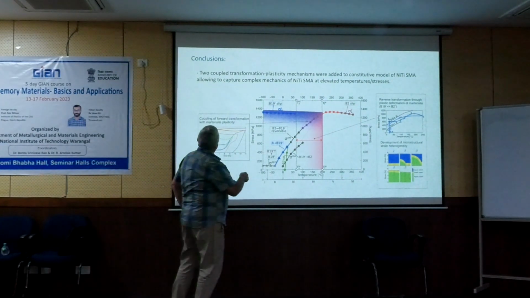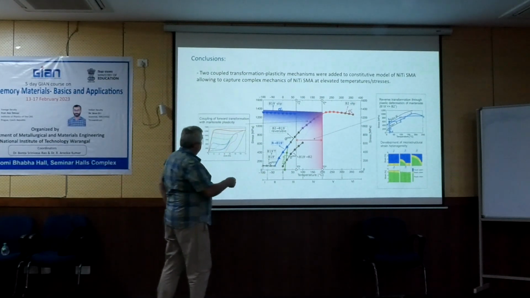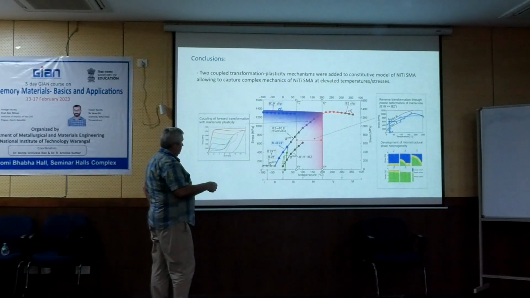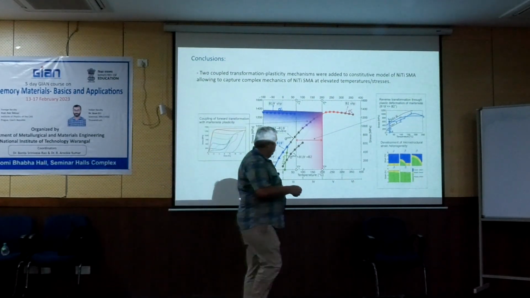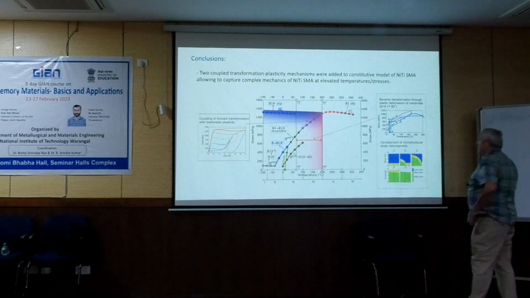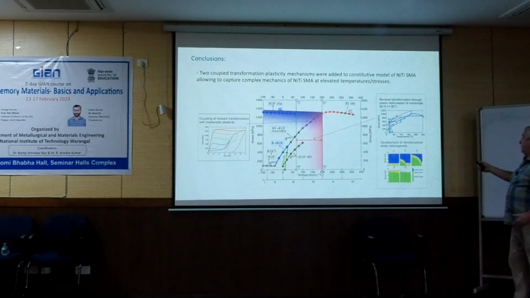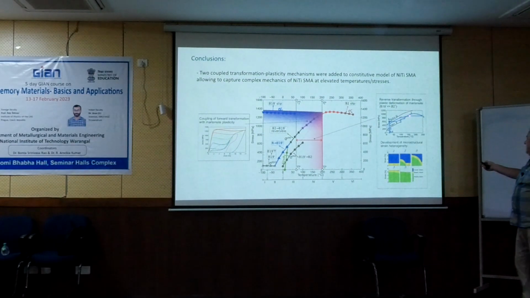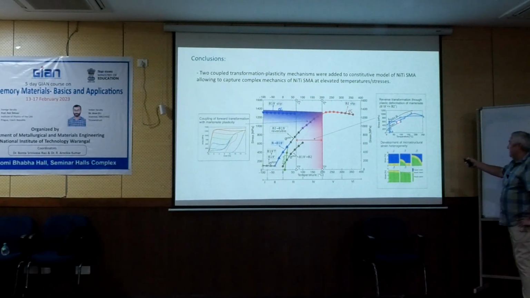I didn't discuss this much in detail, but in order to understand the coupled plasticity and transformation, we don't need this. We don't know how to introduce these kinks, but of course they are here. What we have to explain is this. This is the temperature, this is stress, and now we are heating under stress.